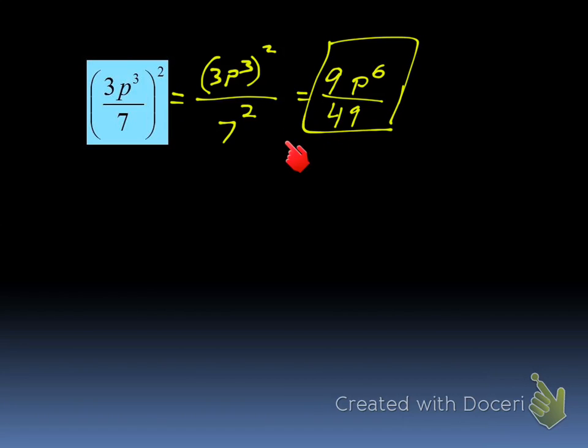That's fine. I'm not hating on y'all. I can also see people saying, all right, 3 squared, 9. P cubed squared, 6. 7 squared, 49, and still going straight to the answer. I can see both ways. Does that make sense? So as much work as you need to show me is the work I need to see. Everybody good?